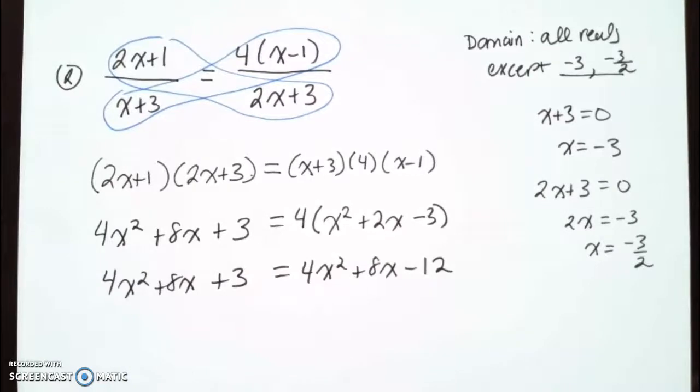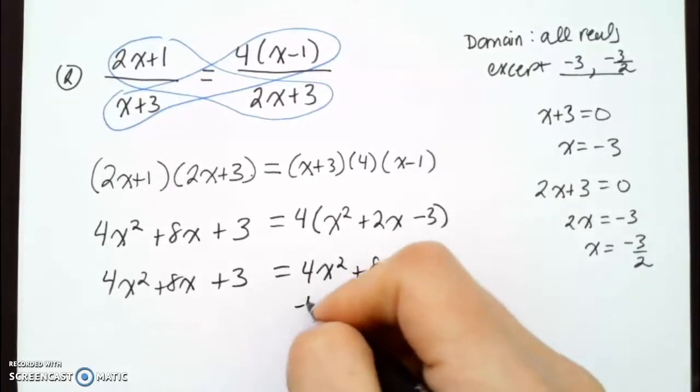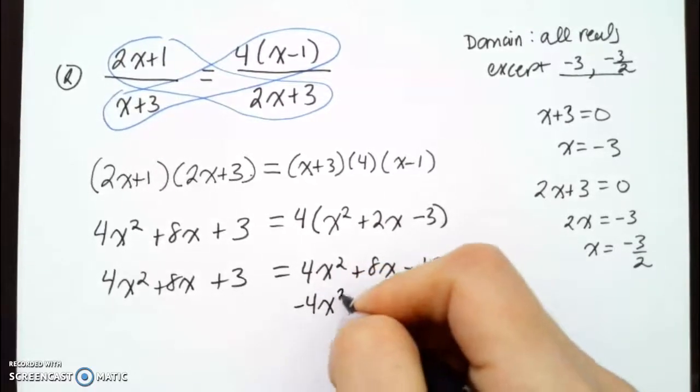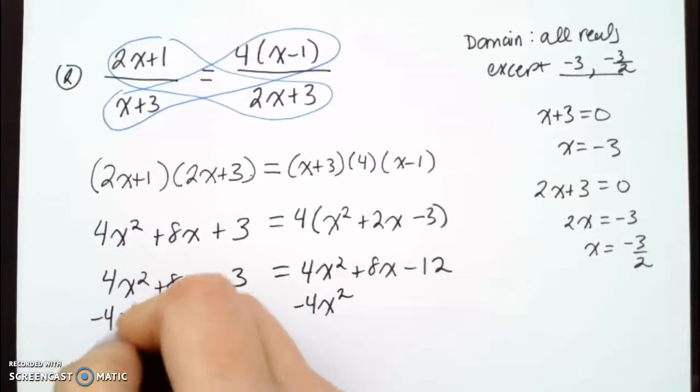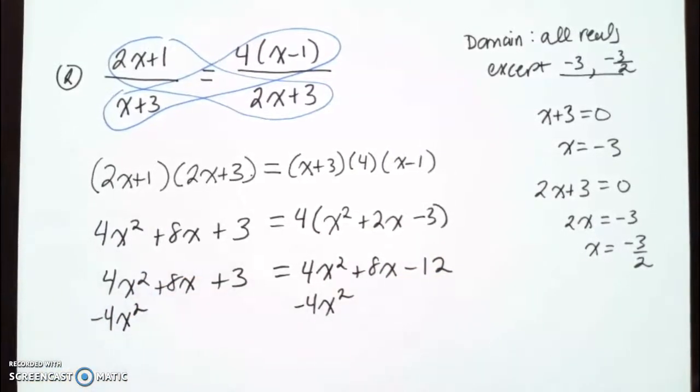All right, so I want to go ahead and think about what type of equation I have. I see that it's a degree 2 equation, a polynomial equation, so I'll begin by trying to get all of my terms on the same side. However, in this case, I see that the x squared terms cancel out. I have negative 4x on both sides.